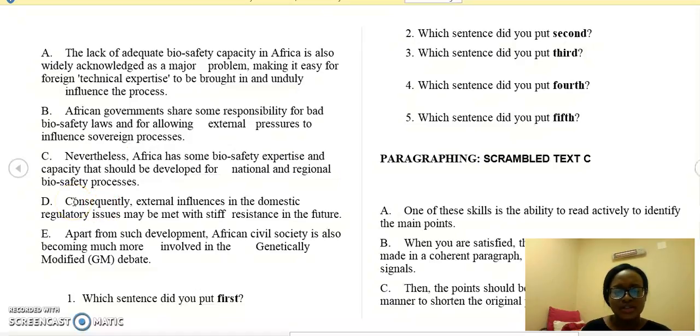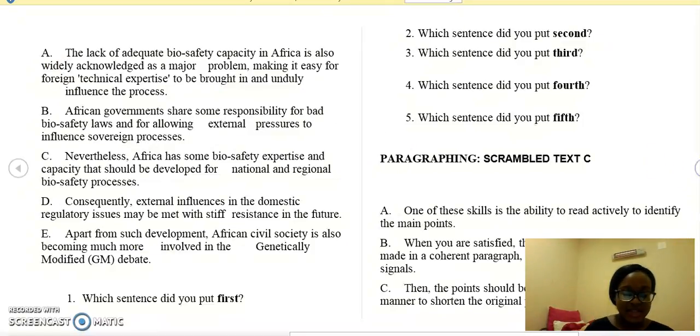D is consequently these external influences that were mentioned in A, right? And then C, nevertheless, Africa has some biosafety expertise. Hmm, our paragraph is making sense now. So our concluding sentence will be E: apart from such developments that we've read from the options above, Africa's civil society is also becoming much more involved in the genetically modified debate. Wow, very interesting.